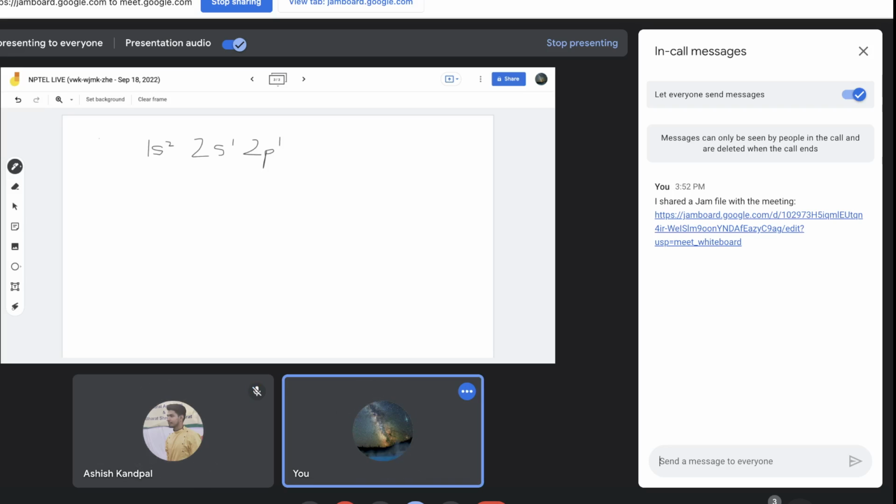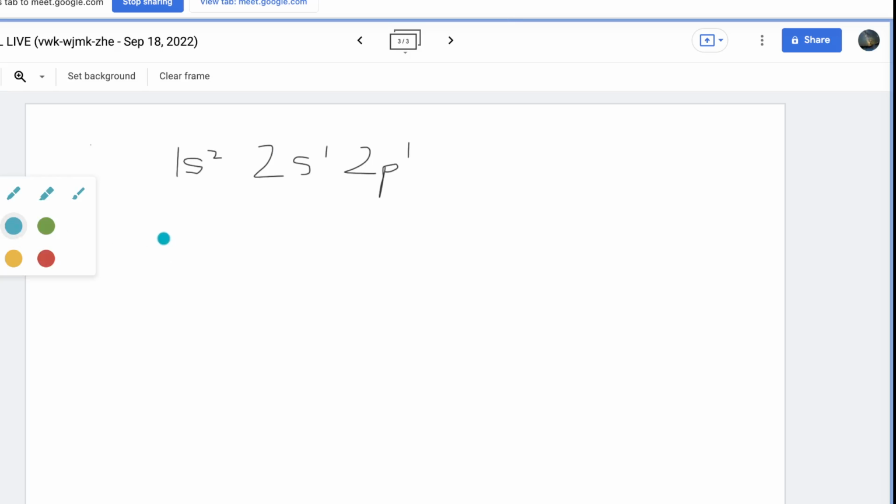Okay. So I will just keep it short. Find out the ground state term symbol, because there will be term symbol, I mean no, this will not be the ground state one, no? So you can find out all.